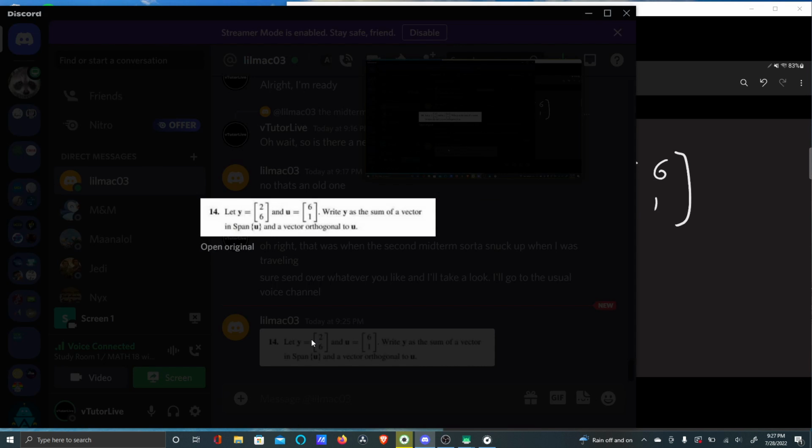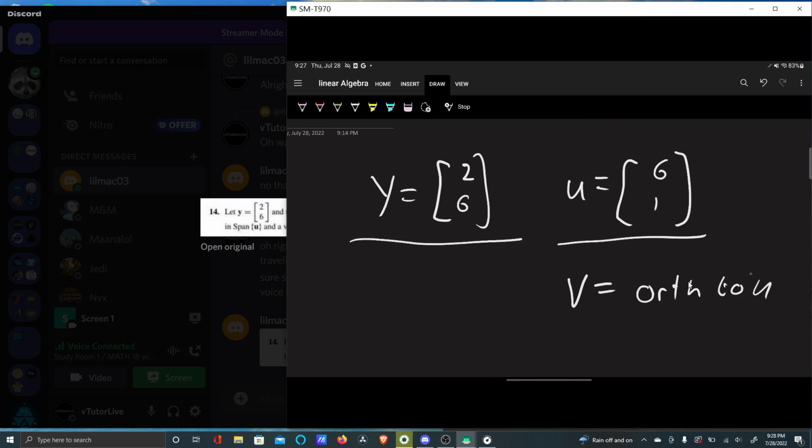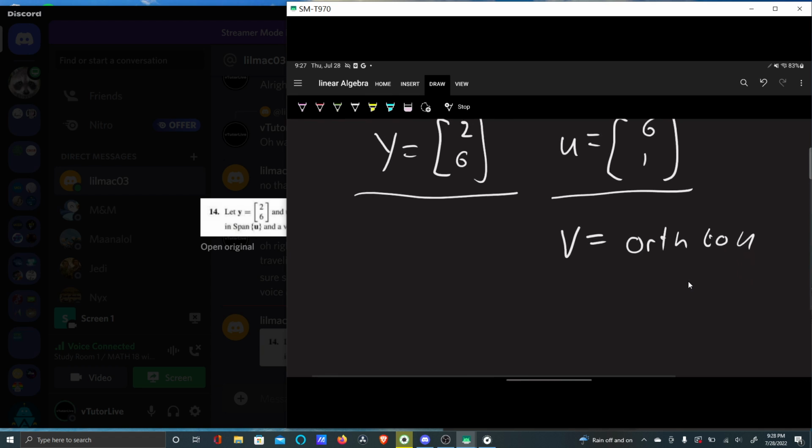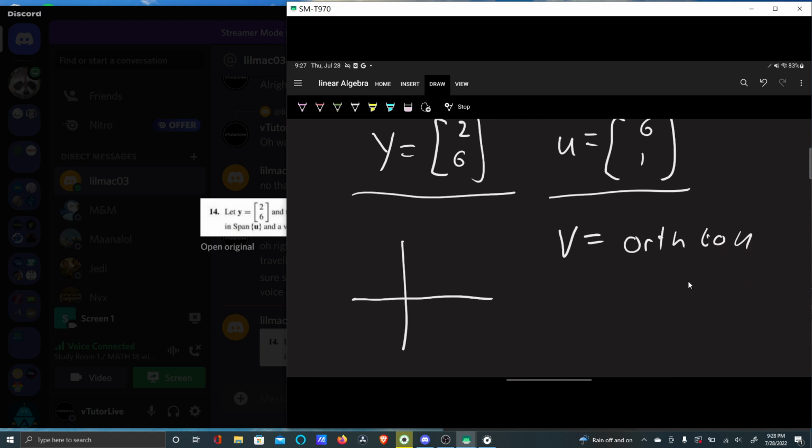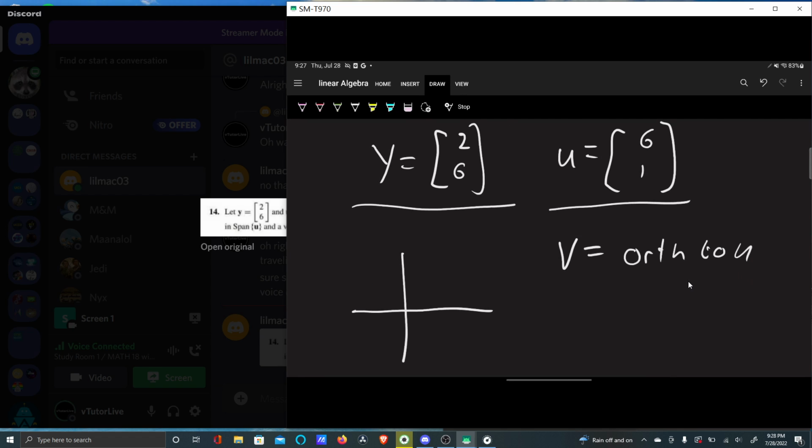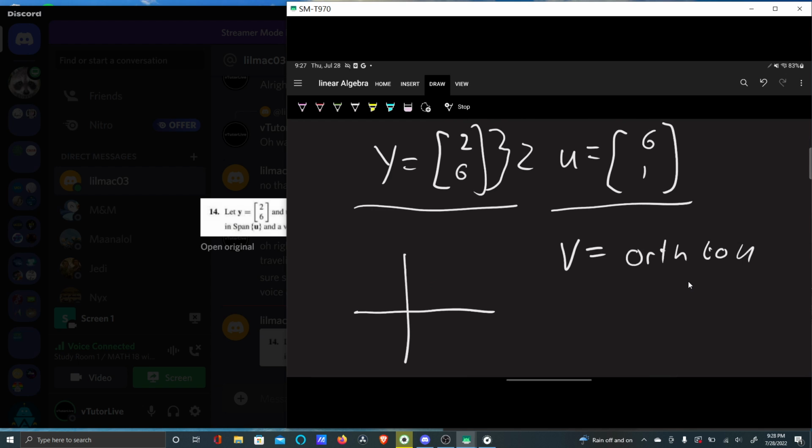If we have a vector y that we want to express in terms of u and v, where v is some vector orthogonal to u, then visually this is a 2D plane, right? Because we're dealing in two dimensions. So u might look like this, and y like this.